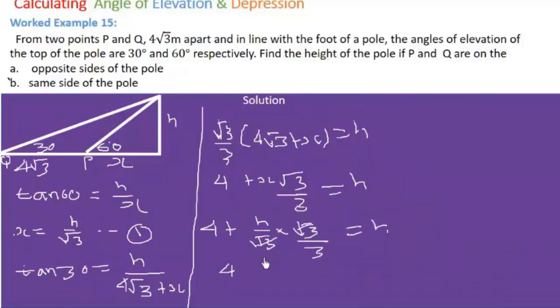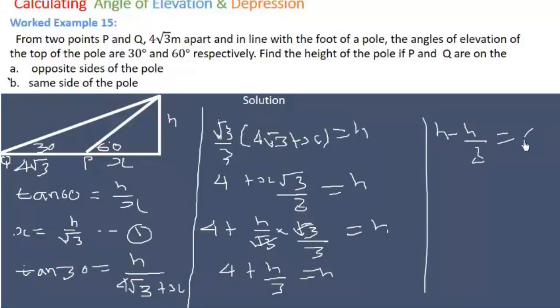This will cancel this. 4 plus h over 3 is equal to h. Now we solve for h. So we have h minus h over 3 is equal to 4. So we have 2 over 3 h is equal to 4. So we get h is equal to 6 as the result.